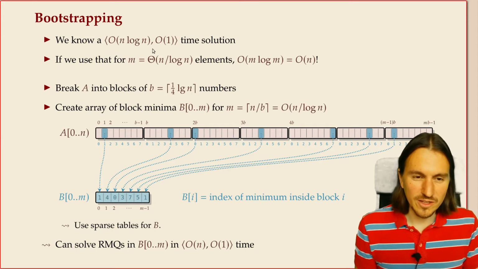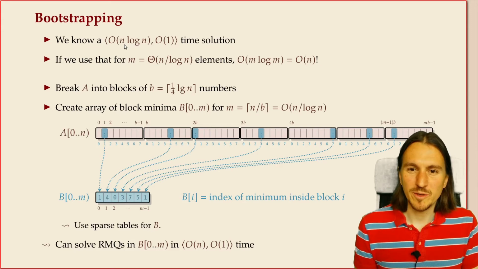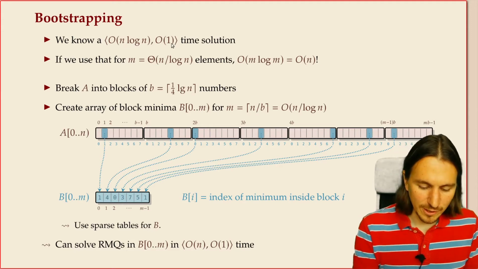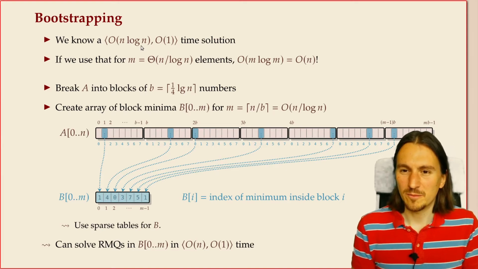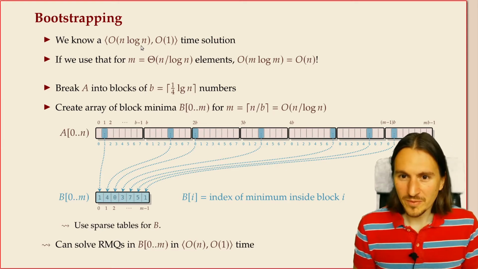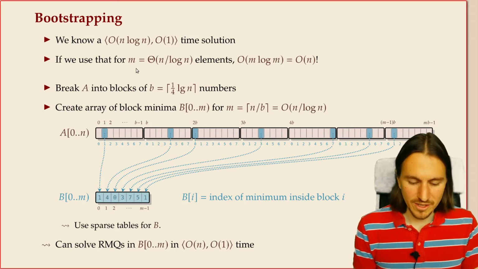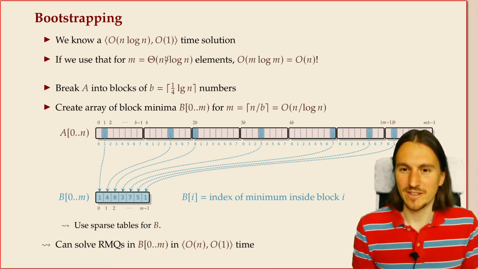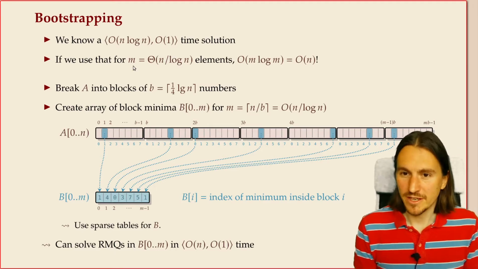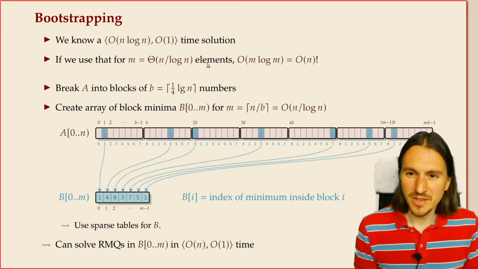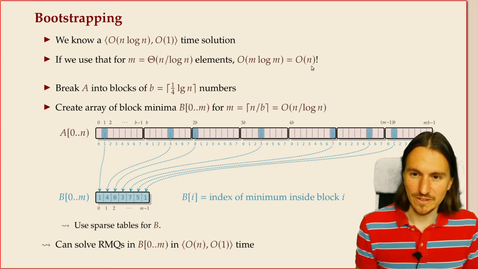What we've seen is the sparse table solution, an n log n time and space preprocessing solution that gives you constant query time, but the n log n is not quite as good as we wanted. However, if we apply it to a smaller subproblem, one that has only n divided by log n elements, so we apply it to an array of only m elements where m is chosen like that, then m log m, the log n cancels, so that's linear then.